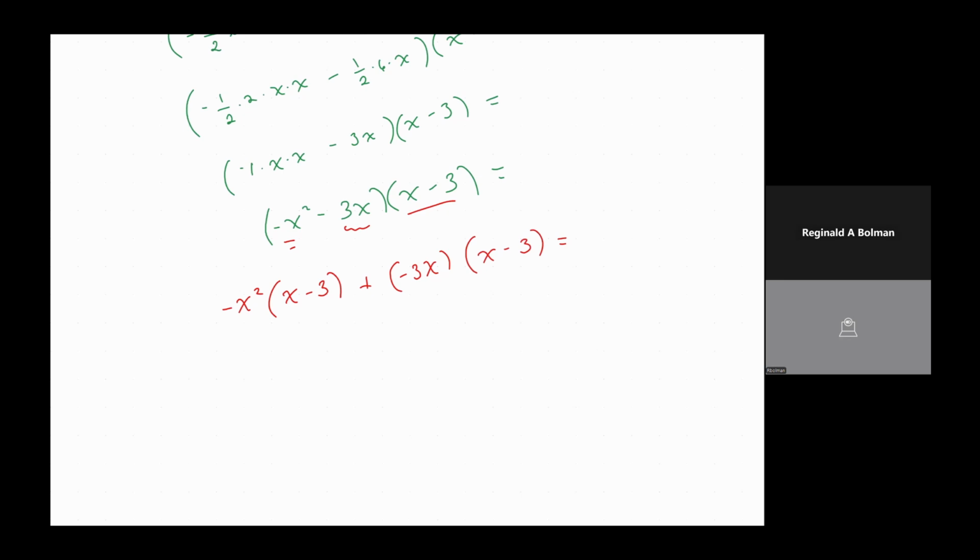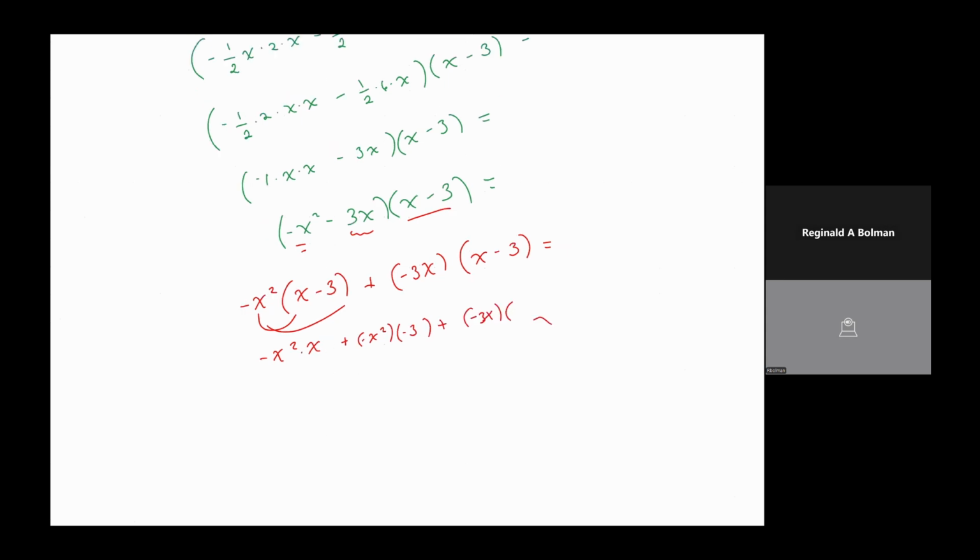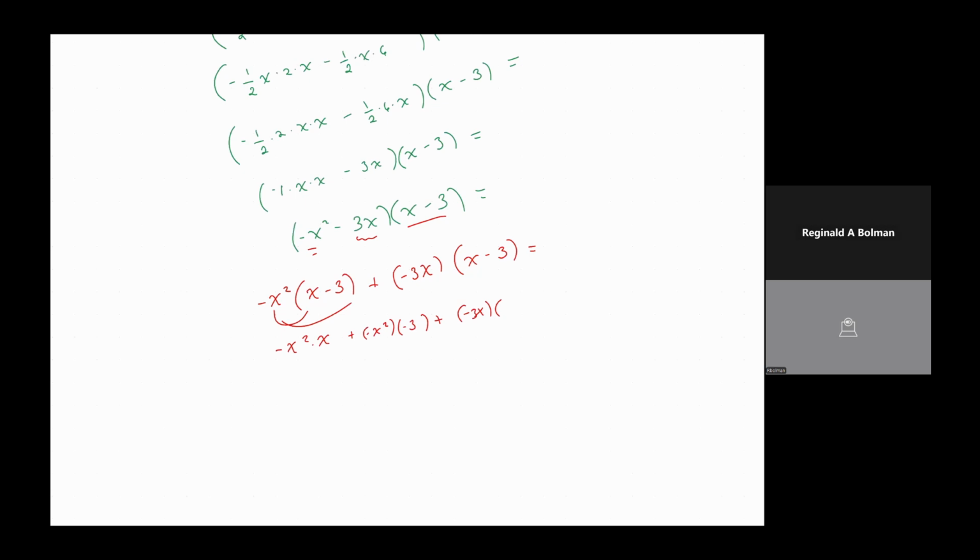All right, and so of course we've got to do the multiplication individually, just like so. We take our negative x squared and multiply it with x. We take our negative x squared and multiply it with negative 3. We take our negative 3x and multiply it with a positive x. And we take our negative 3x and multiply it with a negative 3.